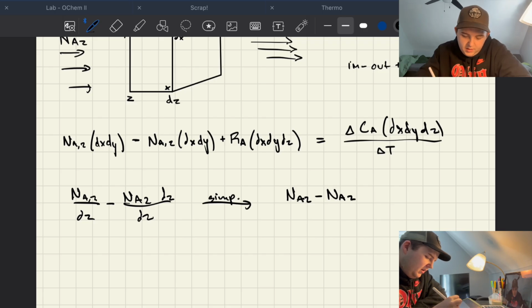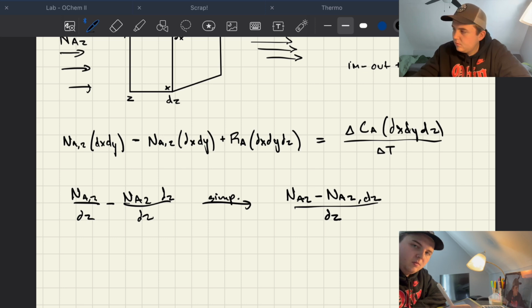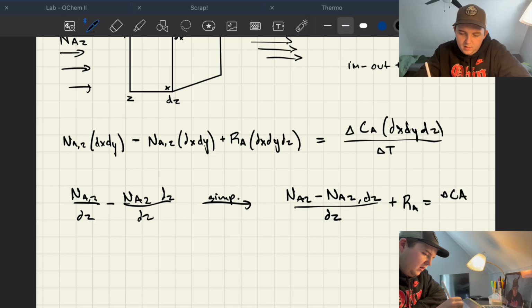I'm just combining these fractions here. Sorry, I'm not very good at writing and talking at the same time. And then we just need our stuff on the right. Well, we need our R_A and then C_A. And then it's going to be equal to the change in C_A, delta C_A over delta t.